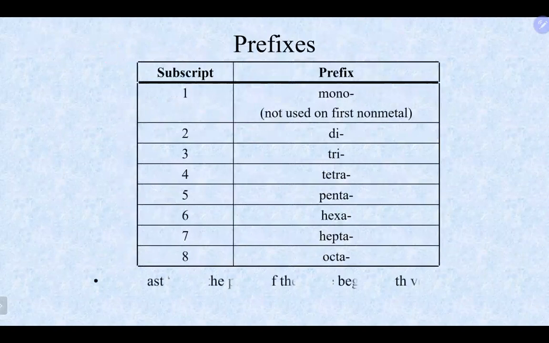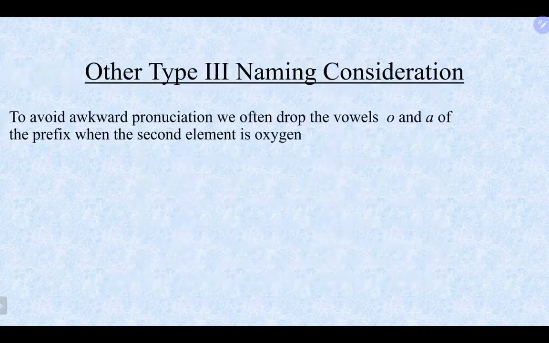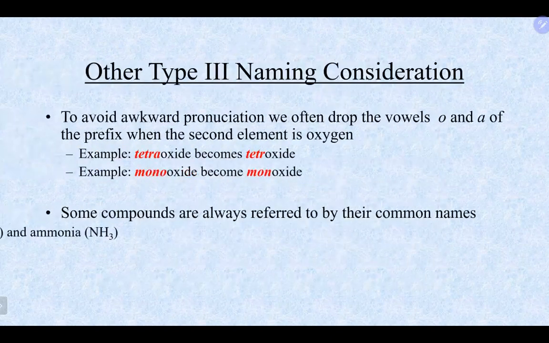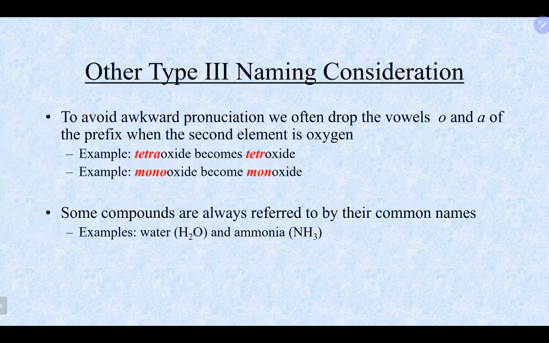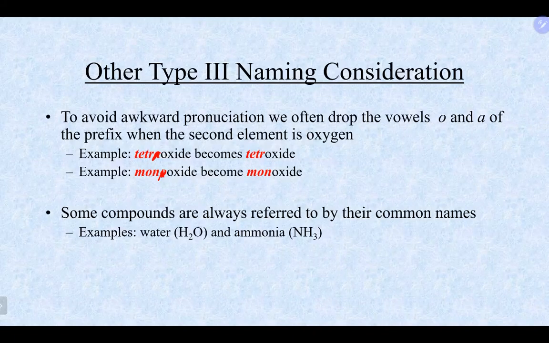And here's a table again of our prefixes with our awkward names. In each of these prefixes, we get rid of the A and we get rid of the O. There are, again, a few things that should still go by the common name. As we talked about before, water should be H2O, not dihydrogen monoxide. Nobody wants to drink that.